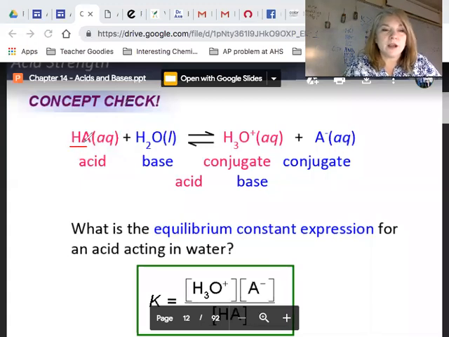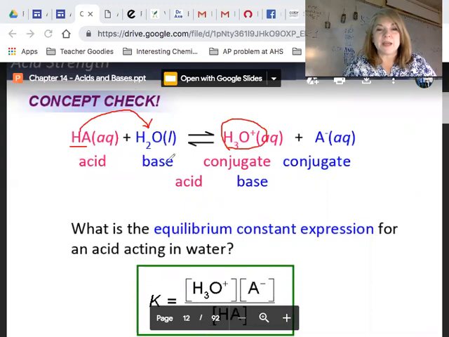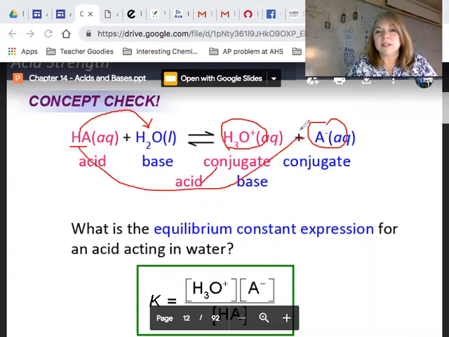The hydrogen ion comes off here and joins up with the water molecule. It becomes the hydronium ion. That's what the base becomes, so the base is then the conjugate acid. And because HA lost the hydrogen ion, that species is the conjugate base.